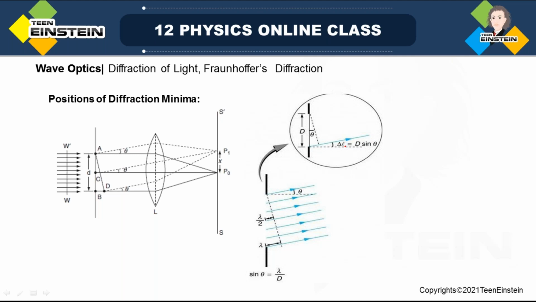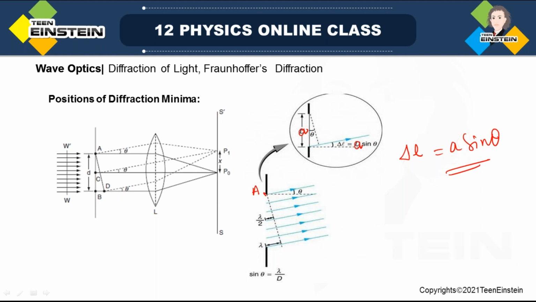Look here. We already have the path difference, let us say delta L, and the path difference is A sin theta, which we have already discussed.